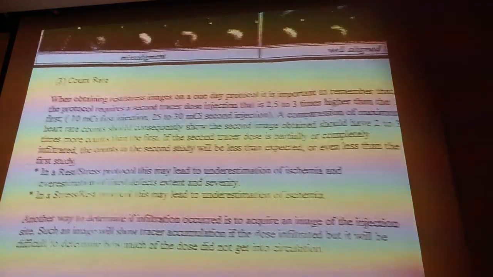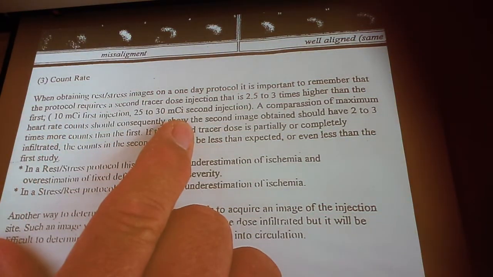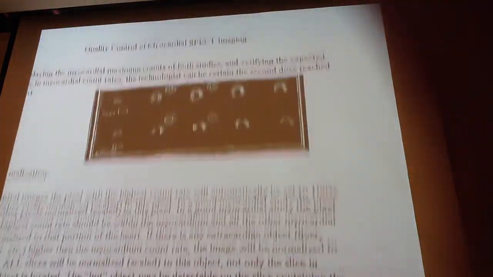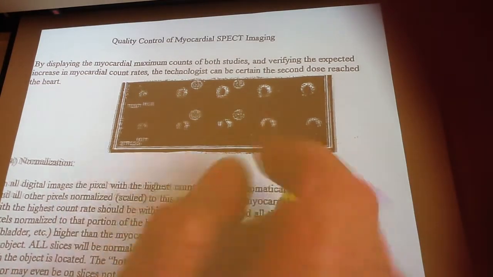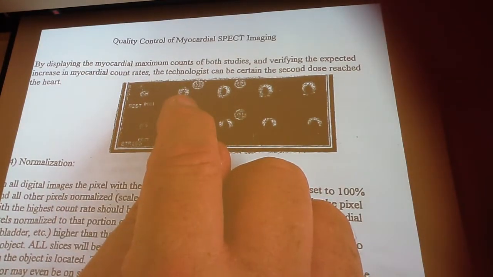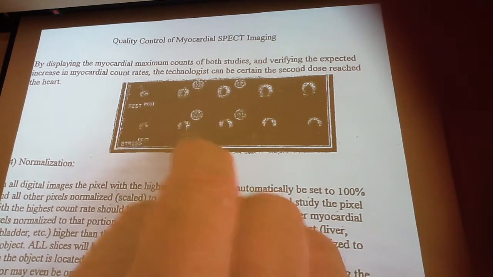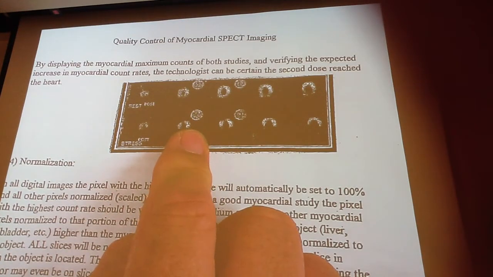Remember I told you, if your first dose is 10 millicuries and then your second dose is 25 to 30 millicuries, then when you do a composite image, when you compare the number of counts in both of these, if this is my stress and I did that with 10 millicuries, and here's my rest with 25, or vice versa, then this one should have 2.5 to 3 times more counts per pixel for the same area, unless they got really bad perfusion.